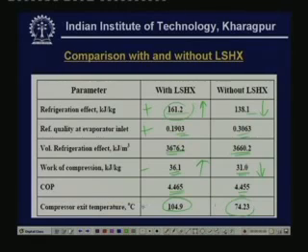Okay. So, this is definitely a negative point as far as the liquid suction heat exchanger is concerned. Okay. So, when you are using liquid suction heat exchanger, particularly for R22 systems, there are some benefits and there are some disadvantages. Okay. So, ultimately depending upon your requirement, one has to decide whether liquid suction heat exchanger is required or not.